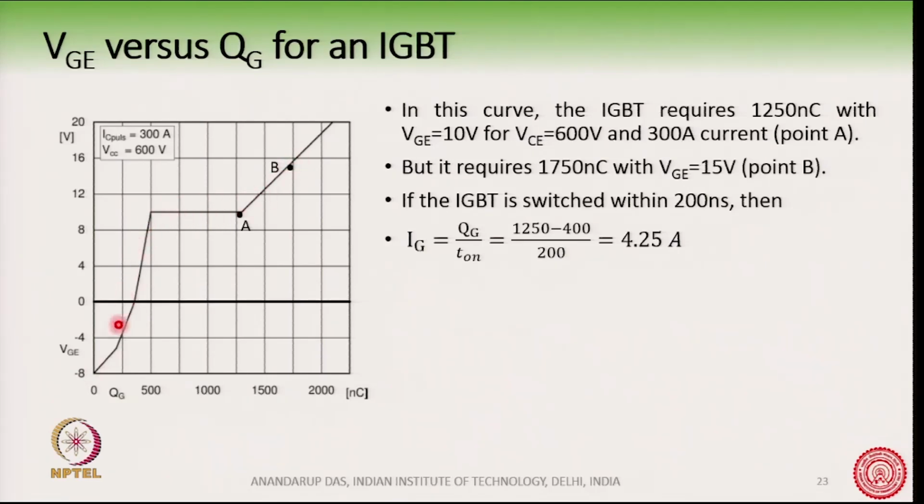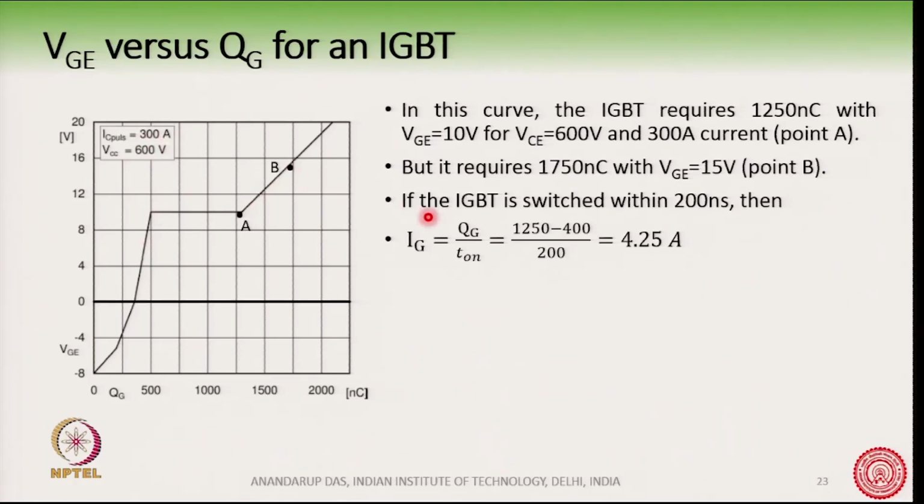In this case the device was started from minus 8 volt, so that minus VEE was minus 8 volt. In our case we have taken it as minus 5 volt, but the concept is the same. This data is shown for 300 ampere and with VCC of 600 volt.